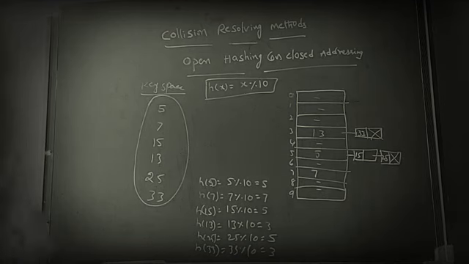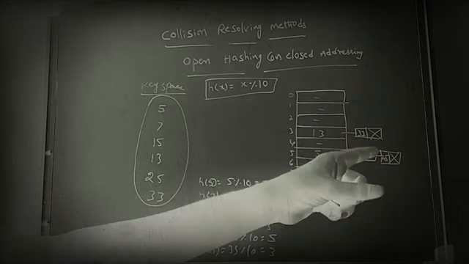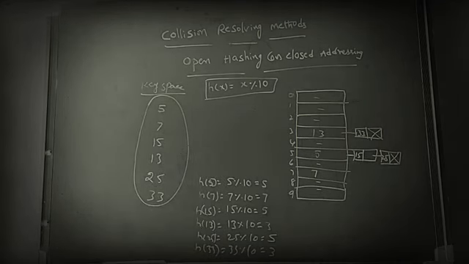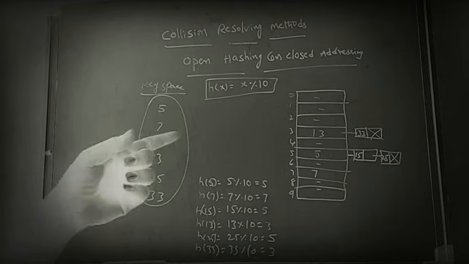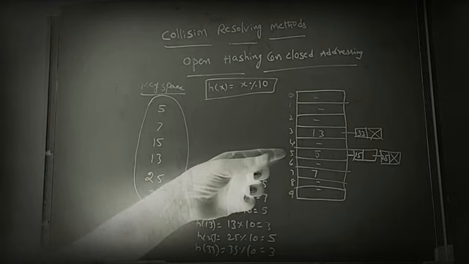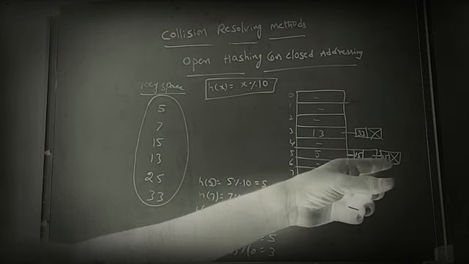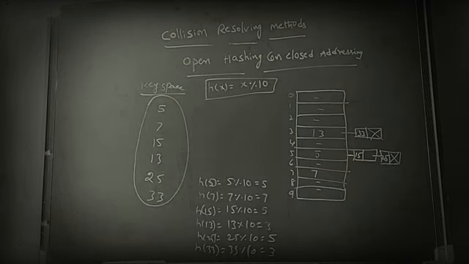However many elements you want to enter at that location, they can be connected in linked list form, so there is no overflow concept. The only drawback is that if you want to search the fifth index, it takes time to locate the element in the list. Searching time is high, inserting time is high, deleting time is high. Still, the collision is resolved.